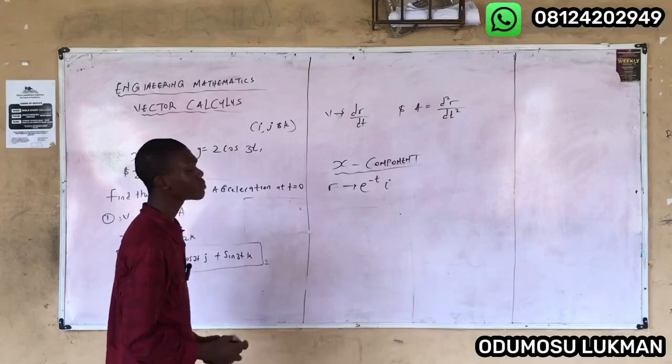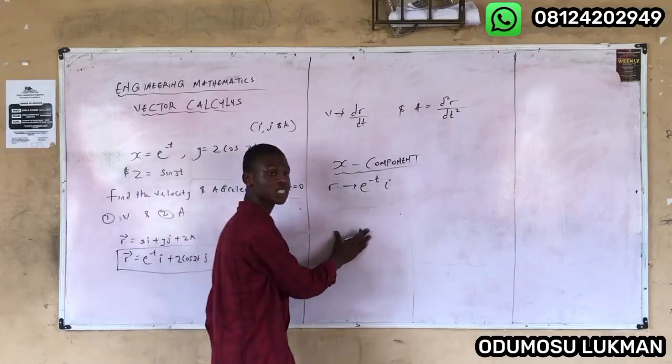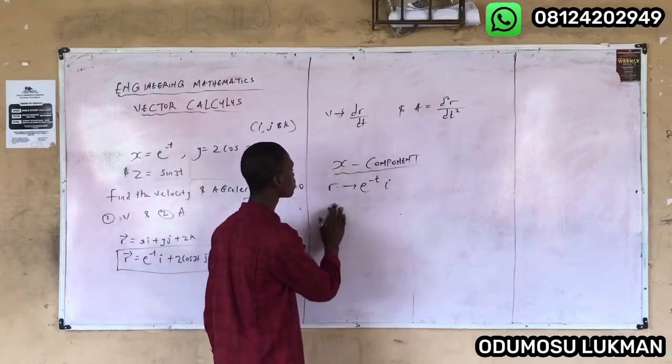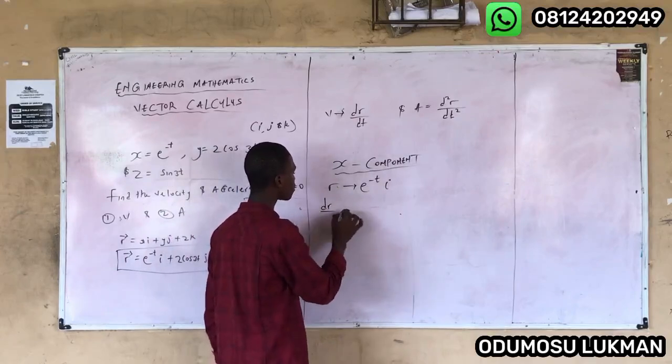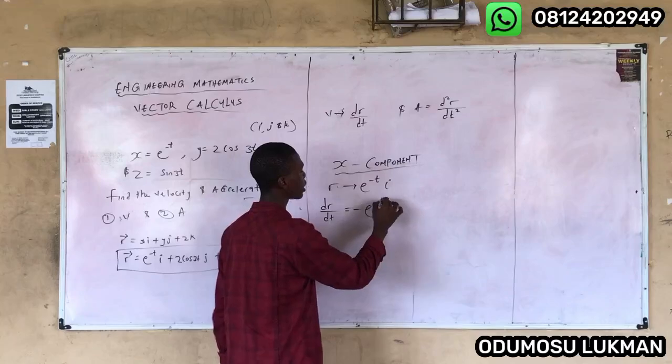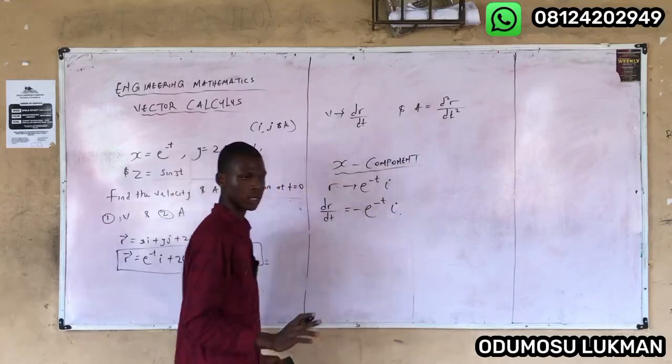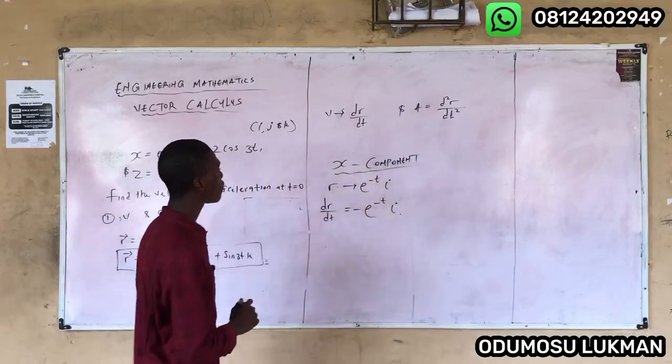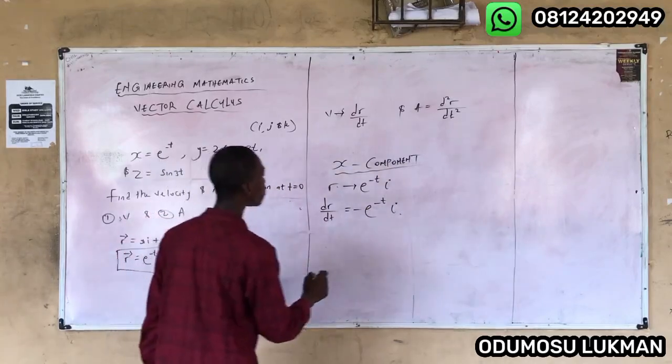So what it means is that I should differentiate for the x component. Therefore dr/dt will be equal to minus exponential minus t i. Are we together?